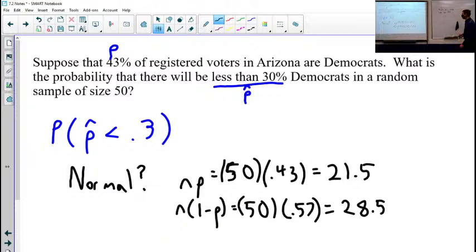Those seem right to me. The key part is that they're both at least 10. So we can use a normal distribution.